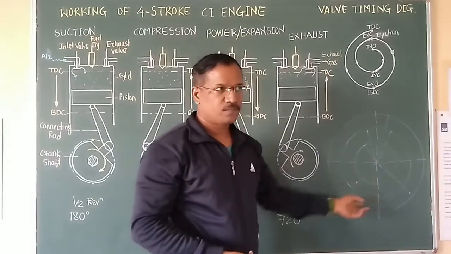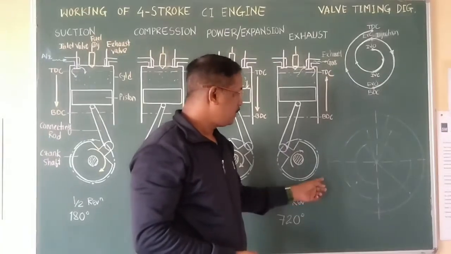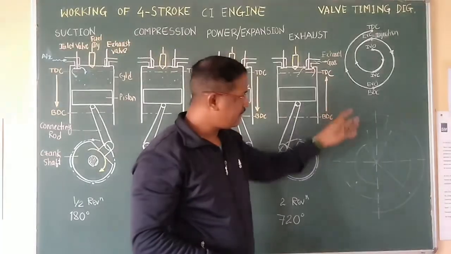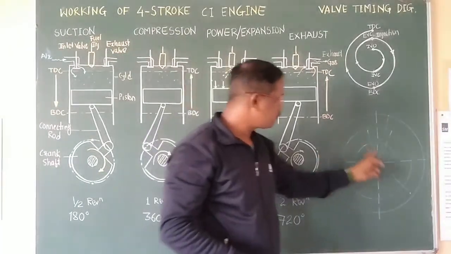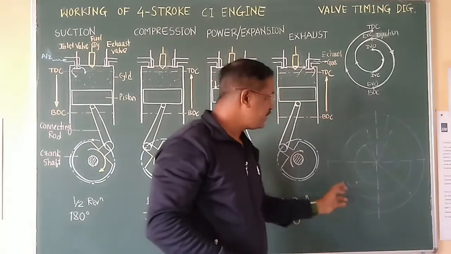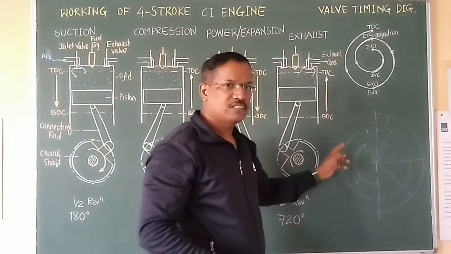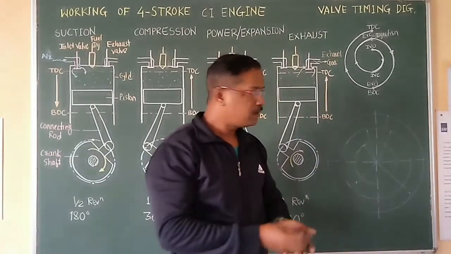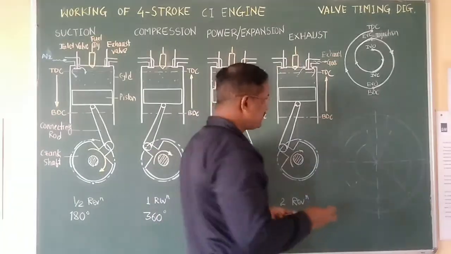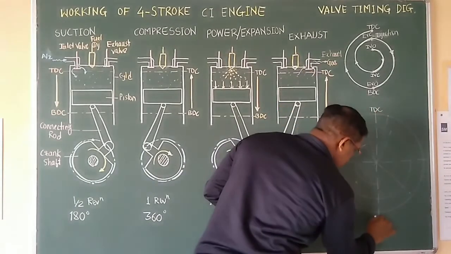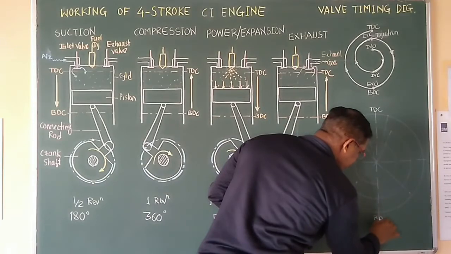Now the actual valve timing diagram. This is the ideal theoretical one and this is the actual. How to draw? Always draw 3 circles, and we shift from one circle to the second in a smooth way, so we get a smooth spiral. How to draw? So this is TDC, top dead center. This is BDC, bottom dead center.